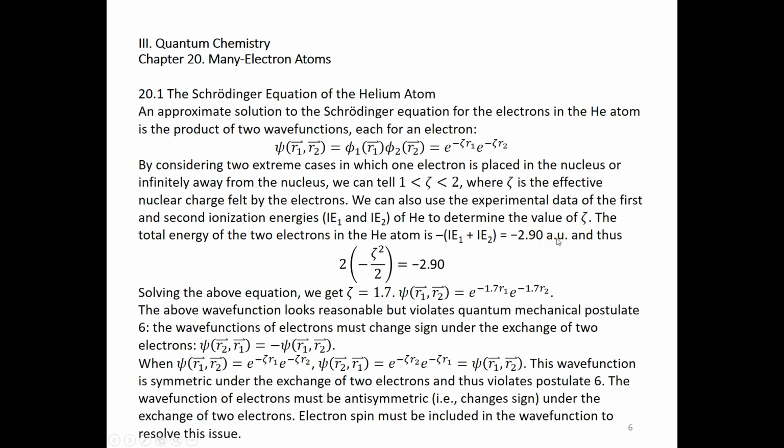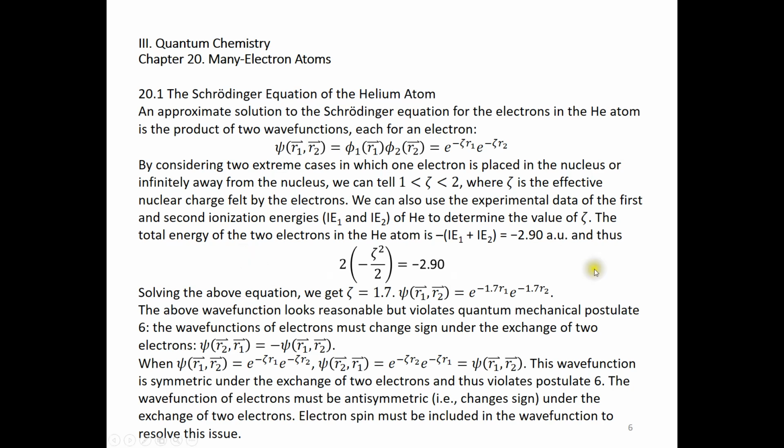So what does this mean? It takes this much energy, 2.9 atomic unit, to remove both electrons from the nucleus. And we use that state, separated electrons and nucleus, as the zero reference. Then the helium atom has an energy of negative 2.9 atomic unit.